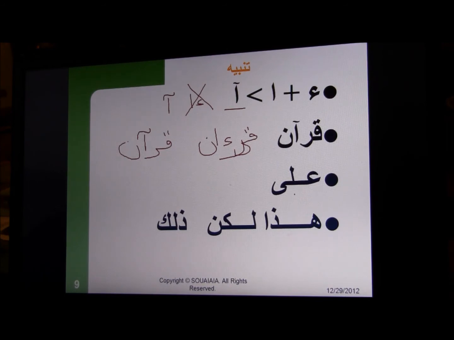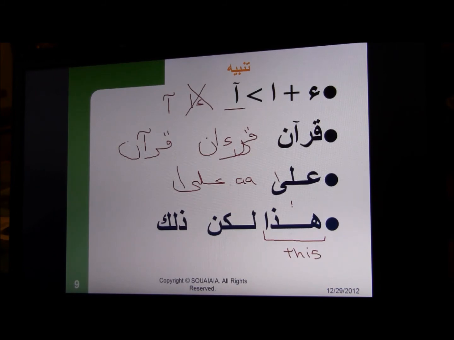Another thing to keep in mind is when the ya doesn't have dots and doesn't have a Hamza sitting on it, this will be called alif maqsura, which is more like an alif sound than a ya. So don't say it's Ali, it's ala, as if there is an alif instead of a ya. Also, this word, it's hada, which is this.